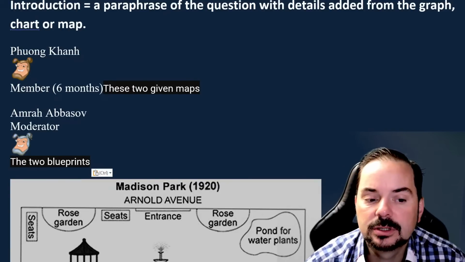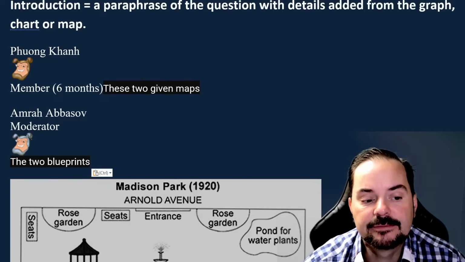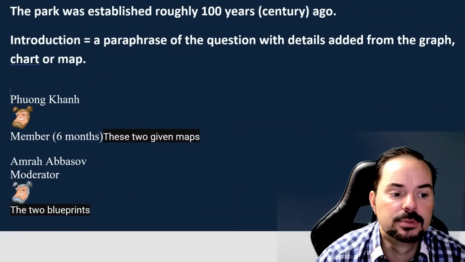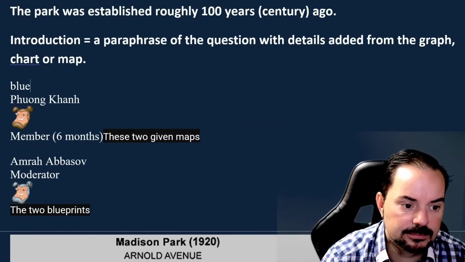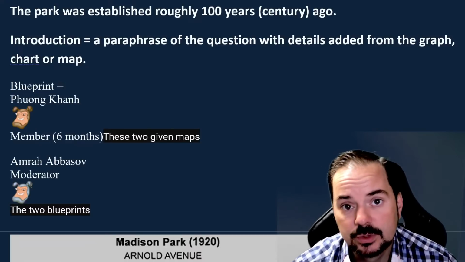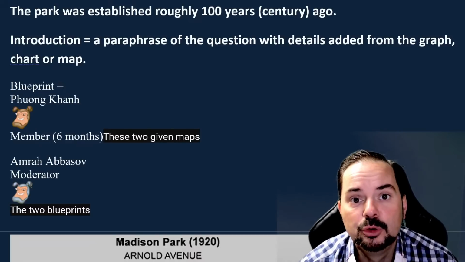Blueprint, Angel, is the technical diagram for a building. It's a very good question. So the word blueprint, some vocabulary here for you. The reason why it's called a blueprint is because traditionally it was printed on a special kind of blue paper.